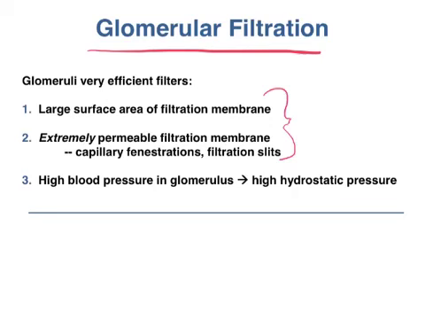The other thing that helps out is that this large surface area is extremely permeable. The fact that there are those fenestrations, those pores in the capillary endothelium, and those slits between the foot processes of the podocytes makes it highly permeable.